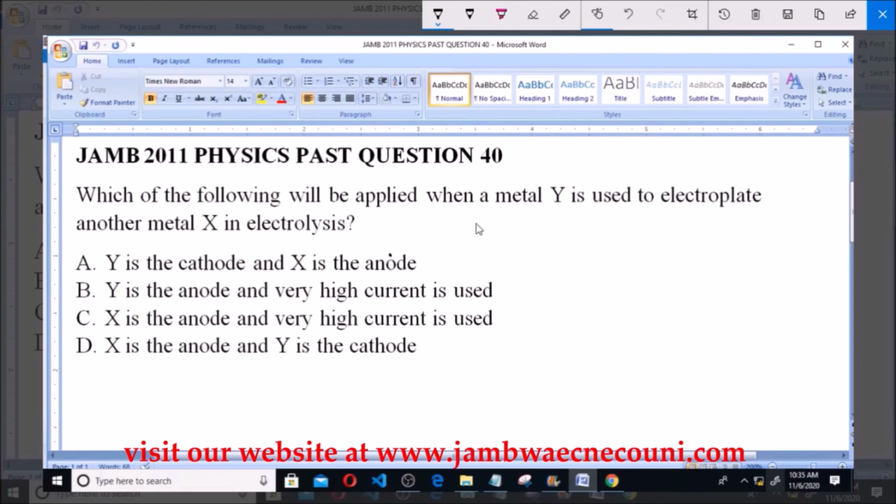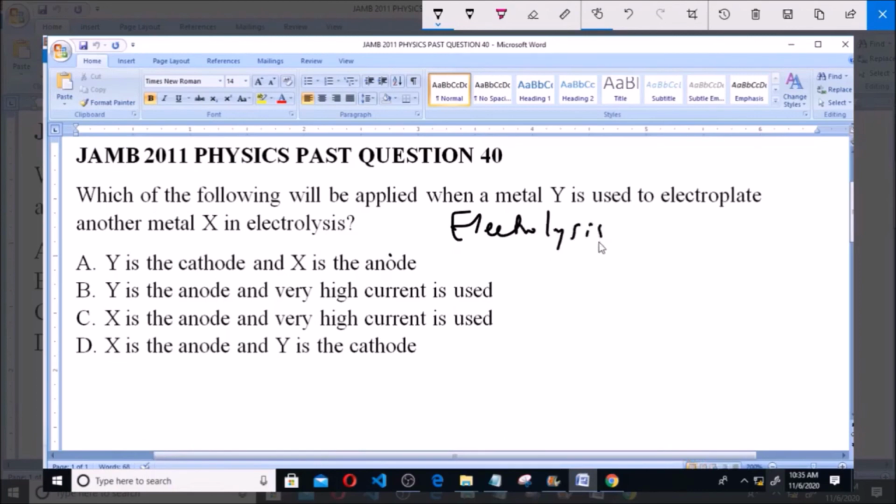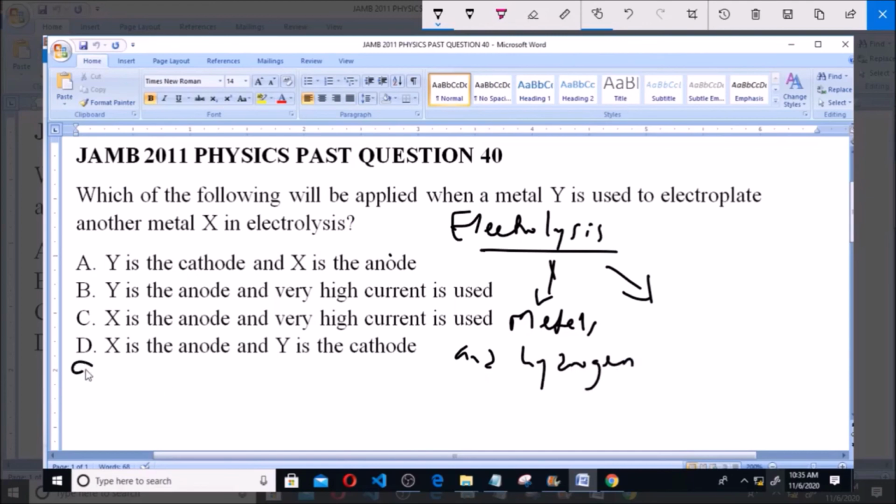Now, there is a particular phenomenon that occurs during electrolysis, and during electrolysis, metals and hydrogen are deposited at the cathode.